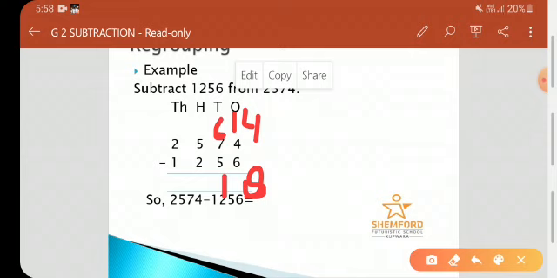Now hundreds. 5 minus 2, 3. 2 minus 1, 1. We have to subtract ones, then tens, then hundreds, and then thousands. And we cannot subtract a larger number from a smaller number. So we will borrow 1 from tens.